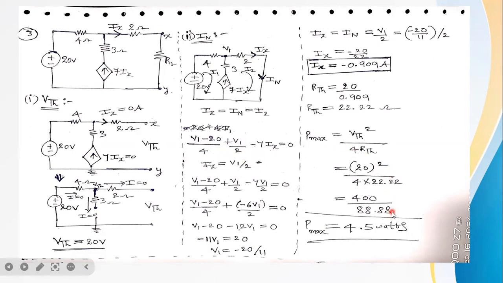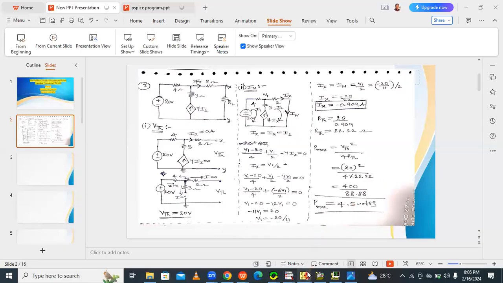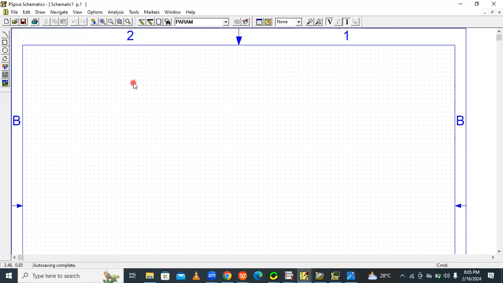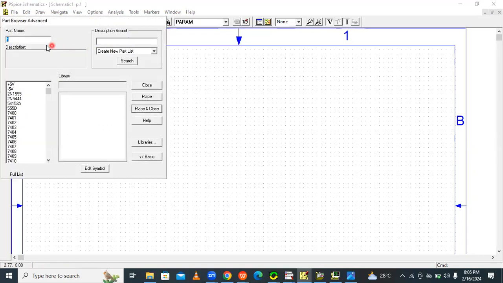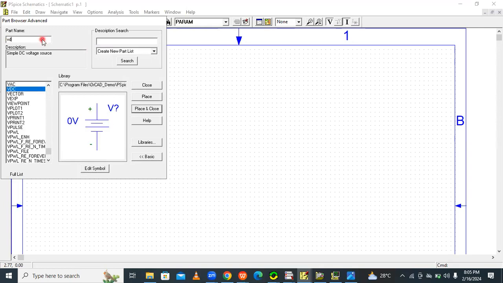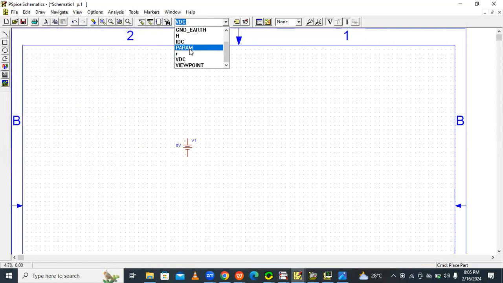Then how to verify this? By using a PSpice schematic. Let us open the PSpice schematic and take a VDC voltage source, placing it here, and take a resistor like this. Here also one resistor is present.